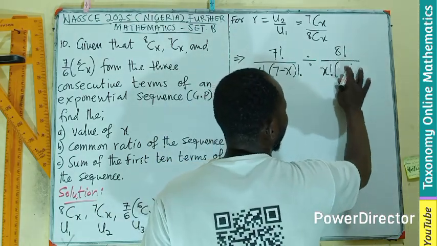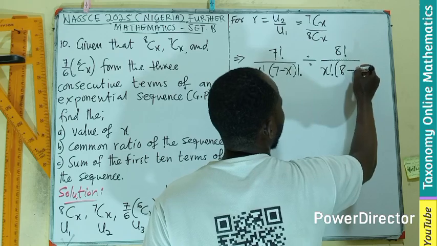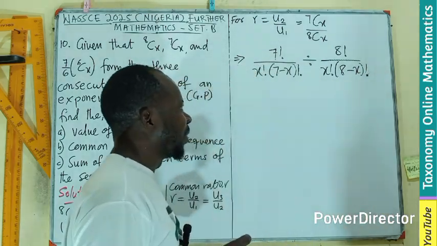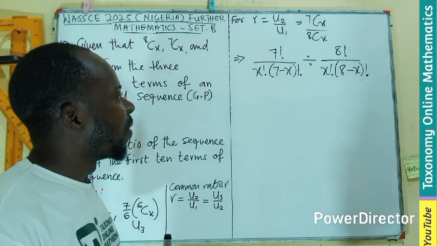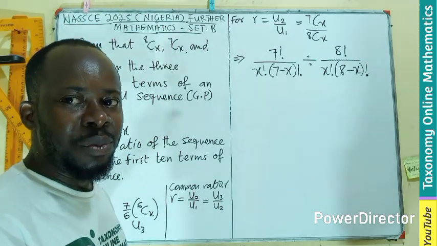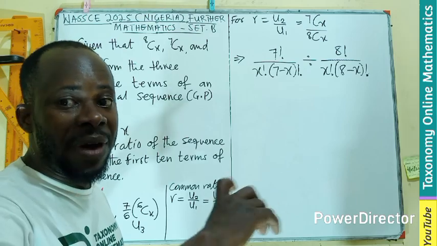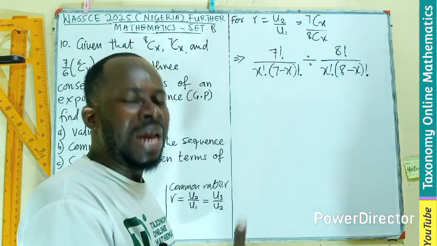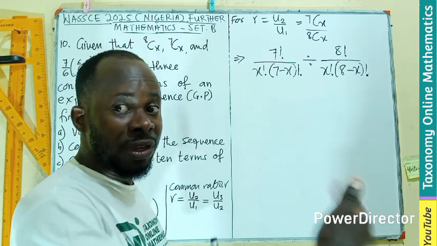So this becomes 8 minus what? x, all factorial. All right, sorry for mentioning combination. We need to expand the denominator or apply the concept of factorial, which means we are multiplying the integers from that number down to 1, reducing it to 1.